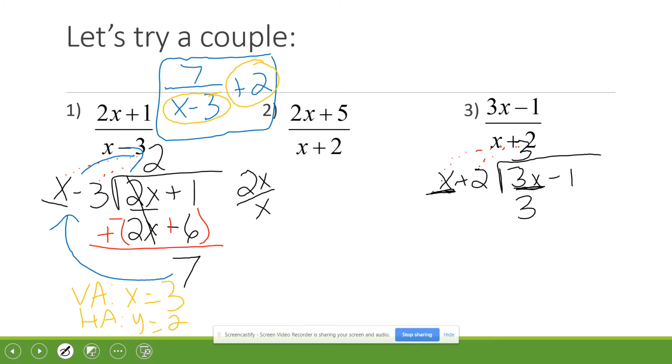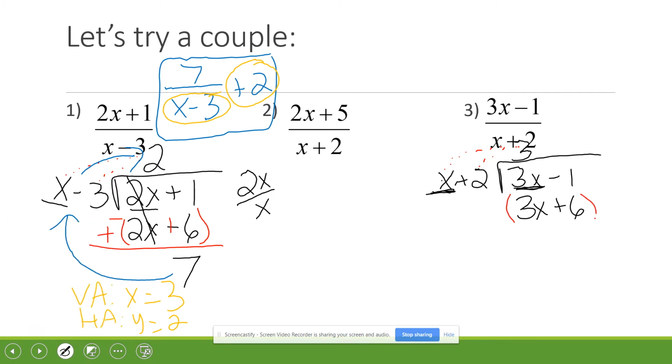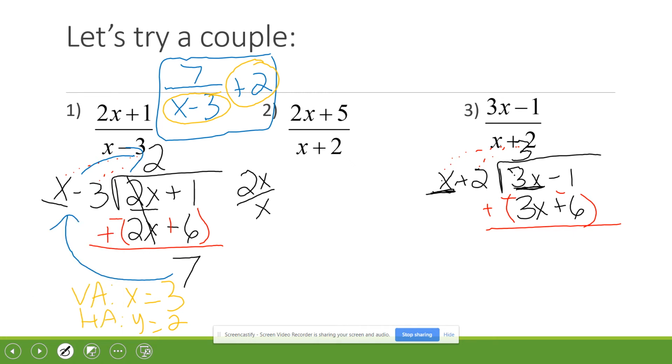So 3 times x is 3x, and 3 times 2 is 6. We are subtracting. I'm going to distribute that subtraction there. 3x minus 3x is 0, and negative 1 plus negative 6 is negative 7.